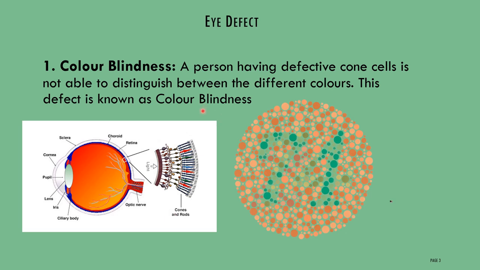Once again, color blindness is nothing but the person not being able to identify a proper color. He will get confused between the colors. Why does this defect arise? Because of the presence of defective cones in the retina. Because of these defective cones, that person suffers from color blindness.